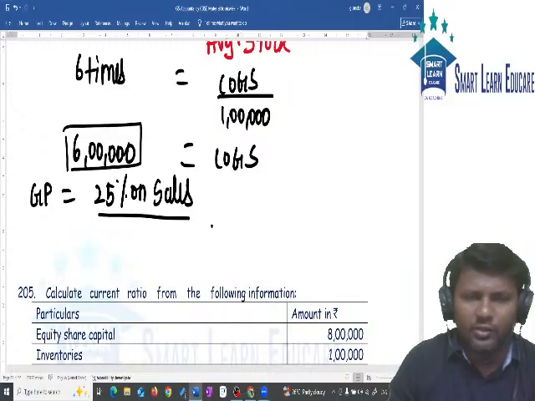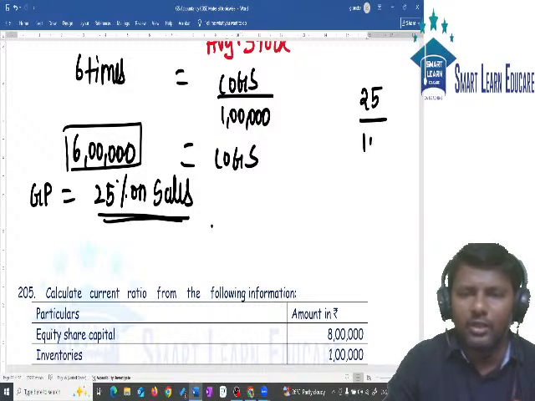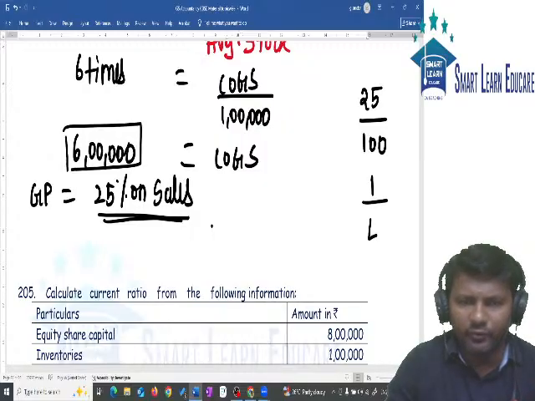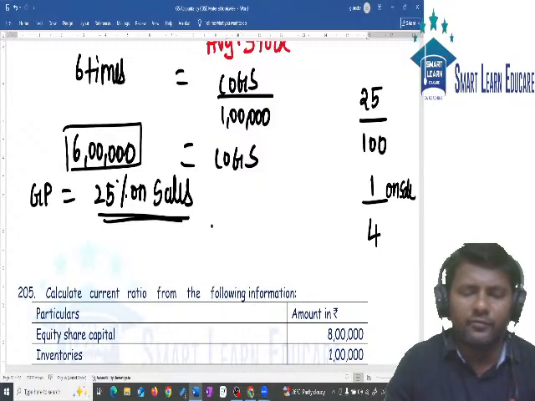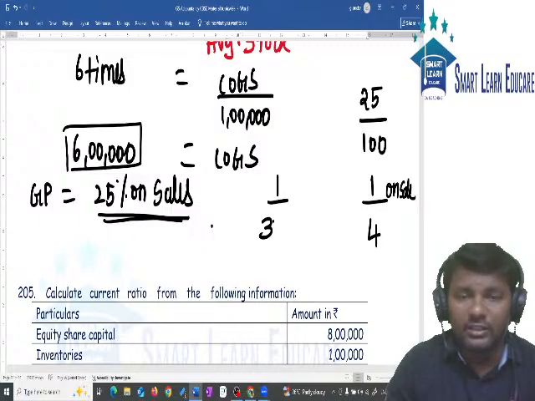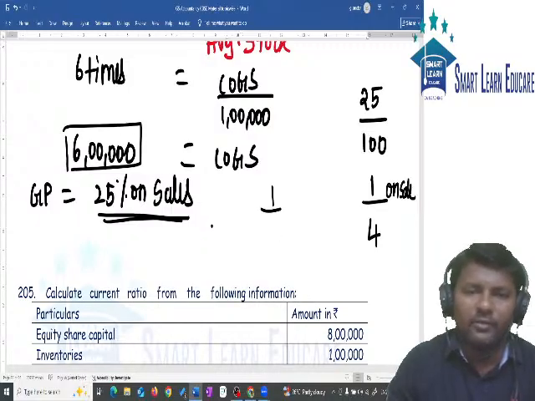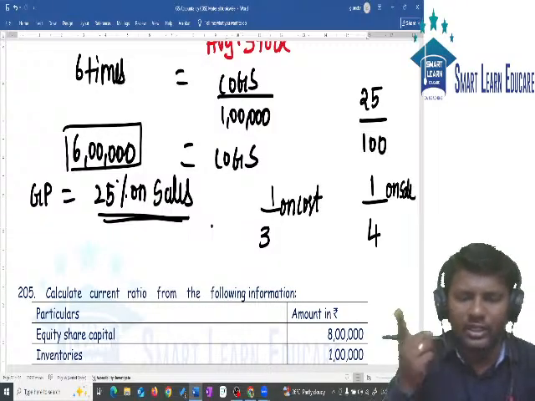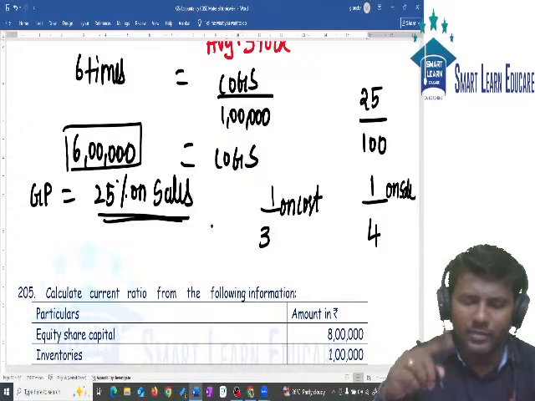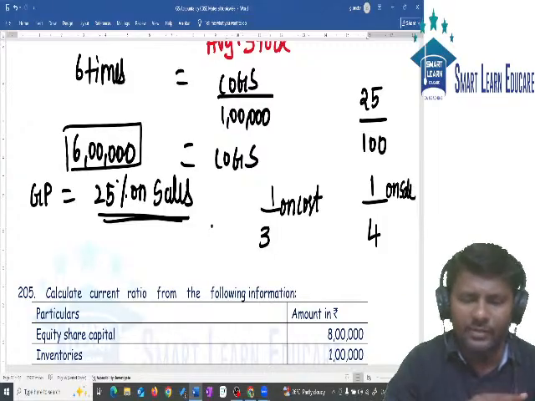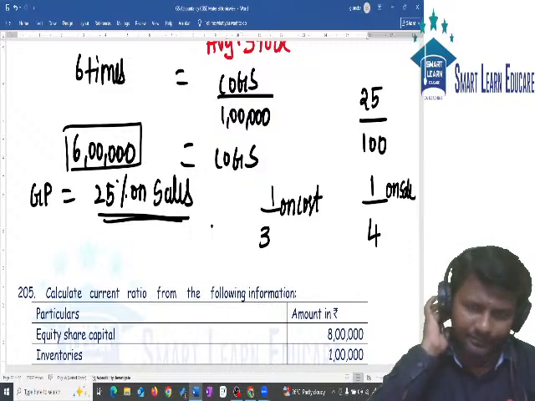This GP is 25 percentage on sale, meaning 25 by 100, which is nothing but 1 by 4. 1 by 4 on sale is equal to 1 by 3 on cost. From cost price to selling price, profit margin should be added. From selling price to cost price, profit margin should be subtracted.